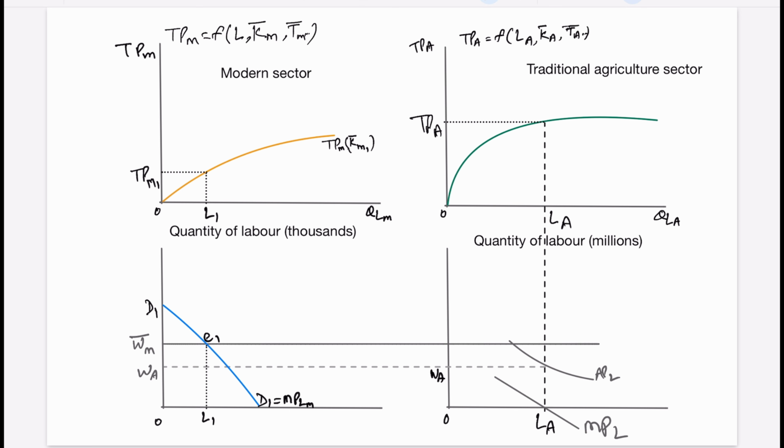So the idea is this: suppose the total output is 1000 and this is produced by 100 workers. So the average product is 10, that is the agricultural wage.